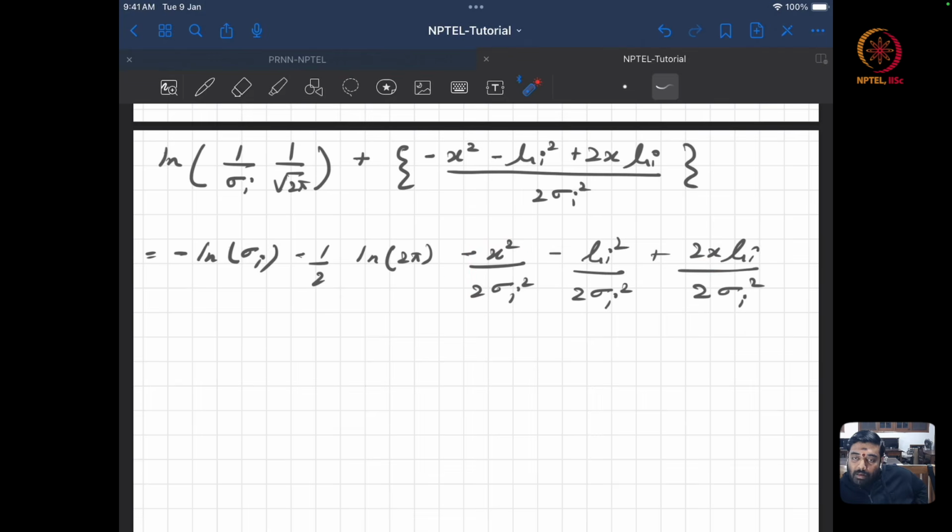Now this is log of something, and this is a constant, no need to worry about this. So now let's take a case of how this will be affected by the choice of mu and sigma that I take. That's where I'm going now.